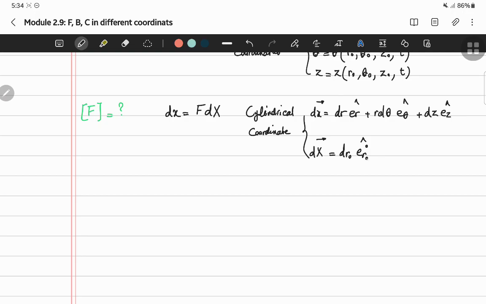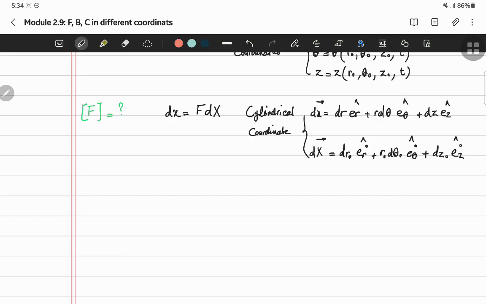We don't put this 0 in here, but the book put this 0 on the top as a superscript for the unit basis. And then we have R0 d theta 0 e theta 0 plus dZ0 eZ0.